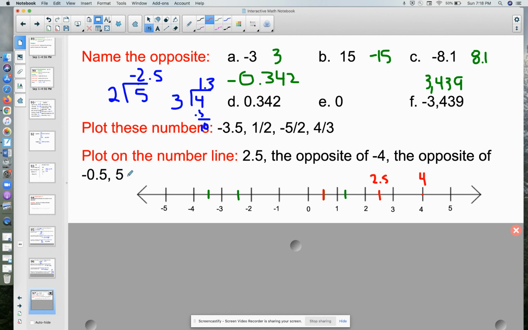And then 5. Oops, sorry, the opposite of 5. Negative 5. No, I was right, 5. Oh my gosh, I'm going crazy. Okay, so 2.5, got it. The opposite of negative 4, positive 4. The opposite of negative 0.5, right here. And 5. Okay, I'm sorry. There you go.